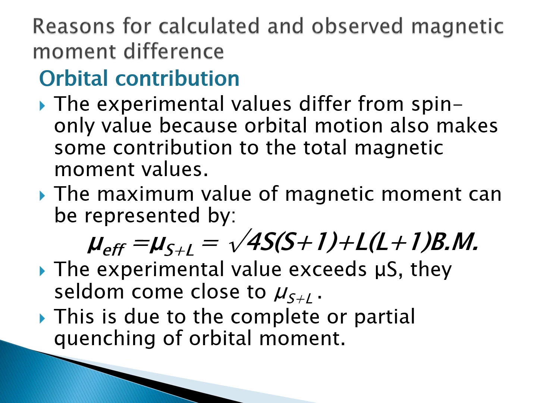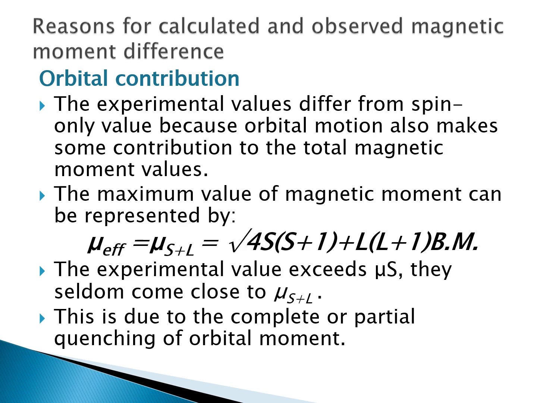The maximum value of magnetic moment can be represented by the effective magnetic moment, which is the sum of spin and orbital moment, equal to the square root of 4s into s plus 1 plus l into l plus 1, in Bohr magnetons, where s is spin magnetic moment and l is orbital magnetic moment.